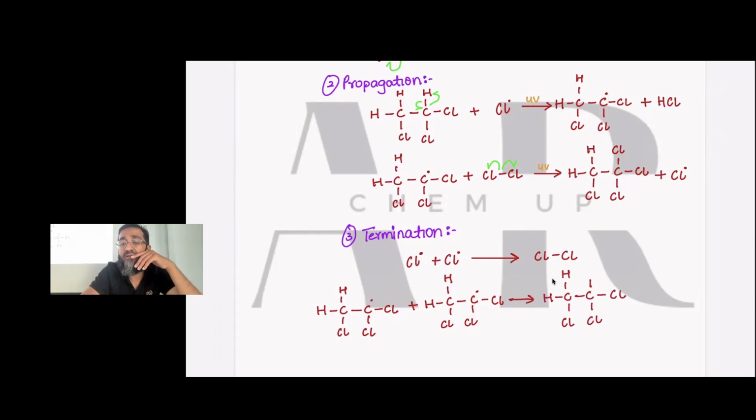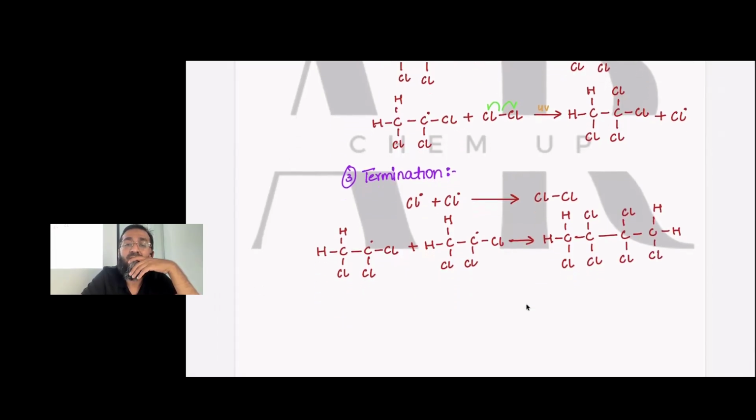It's better to put that chlorine which you put on the right side, put it above. Yes, the carbon with both the carbons which are being bonded, they both have two chlorines. One organic radical and one Cl radical.